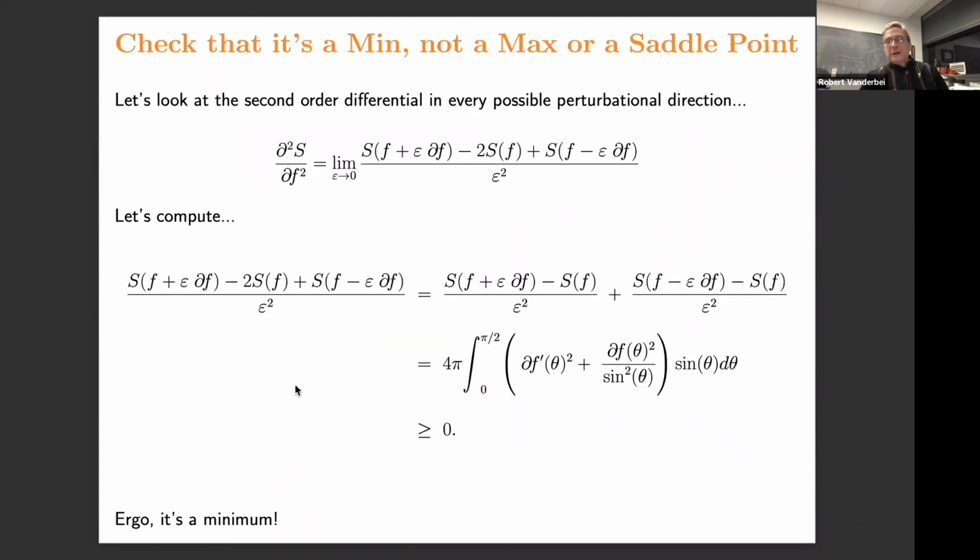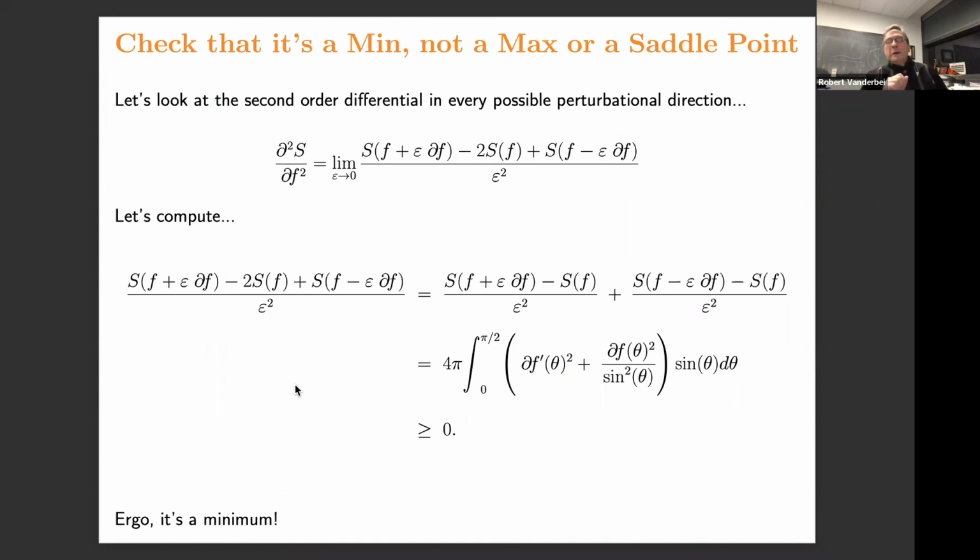And the last thing I wanted to mention is, okay, that was a critical point. How do we know it's actually the optimal? And as I already mentioned, this is an infinite dimensional analog of a least squares problem. In least squares, we know that we're minimizing, it's convex. There's only one critical point, and that critical point is a minimum.